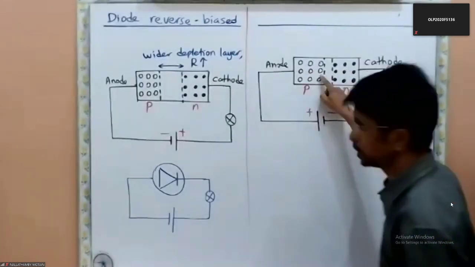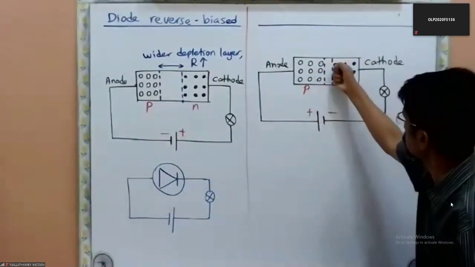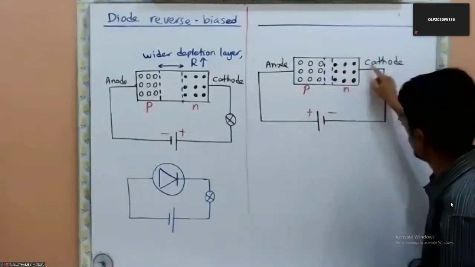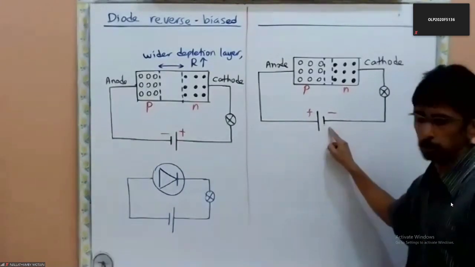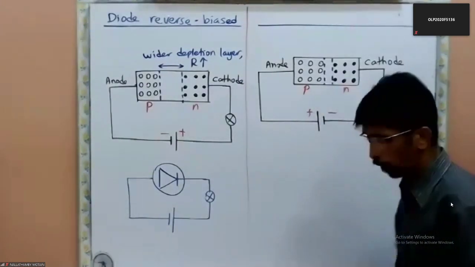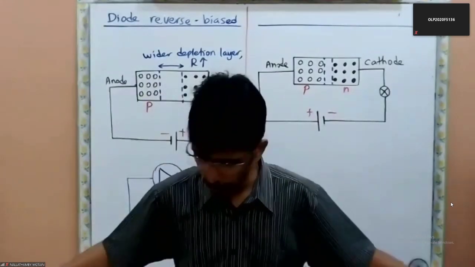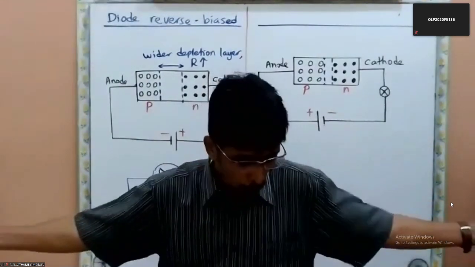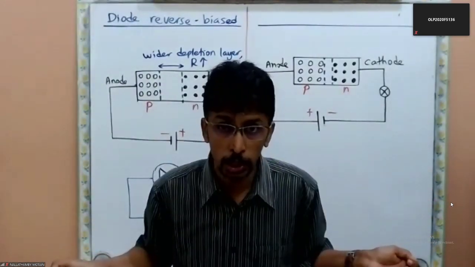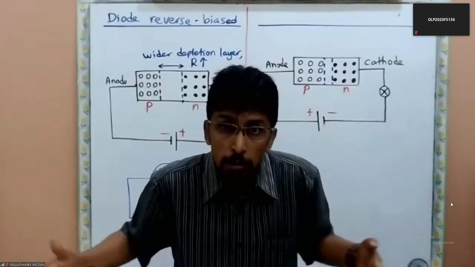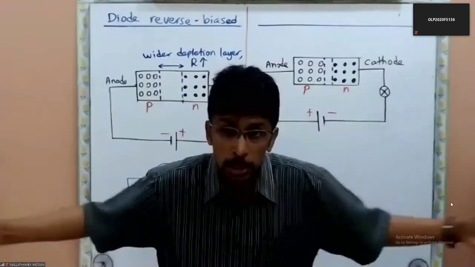And then the holes will be pulled to the right, towards the negative terminal. So let's say three of you, I'm in the middle, another two over here, and both of you pull towards each other, what happened? The distance becomes what? Sorry, closer. The distance becomes closer.